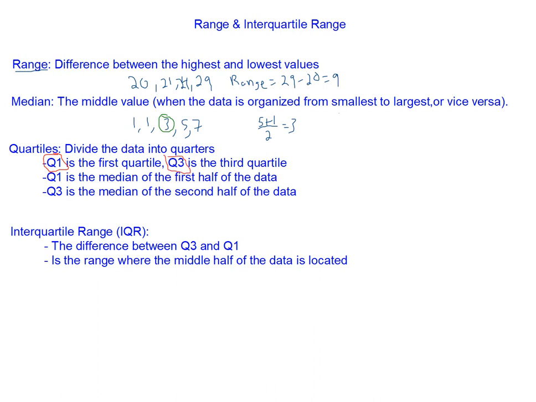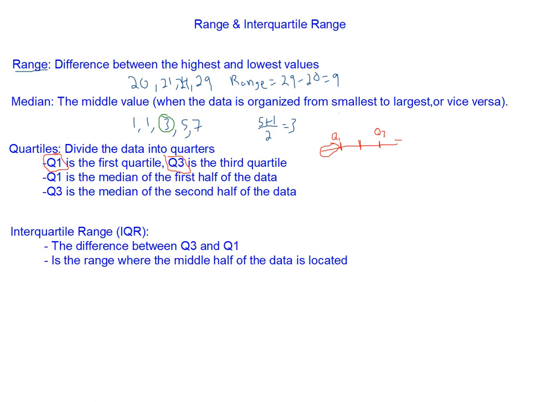You might be wondering what happened to Q2. If we just imagine the data being spread out on a line, we talked about the median being the middle. The first quartile, Q1, is the first quarter. So the first quarter of the data would lie to the left of Q1. Q3 is the third quarter of the data, and I think maybe you can sort of piece together what happened to Q2.